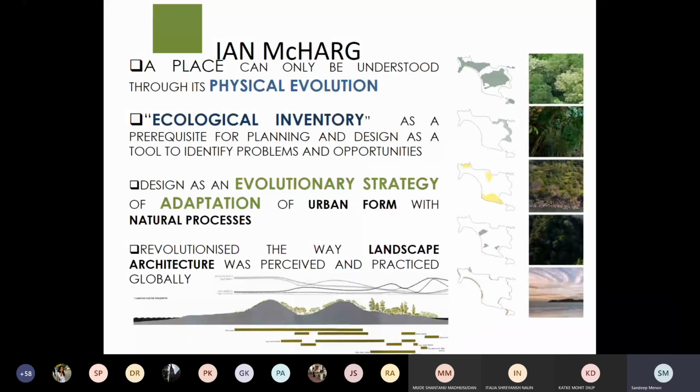And in 1969, you have Ian McHarg, who came up with his theory of how landscape architecture is not just about creating landmarks and beautiful plazas, or planting a few trees and making a healthier landscape, but also about responding to the environment or the ecology.